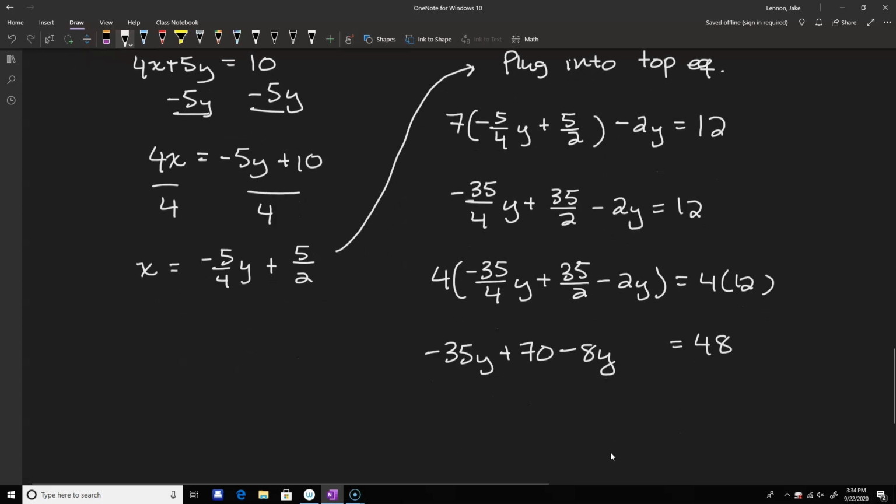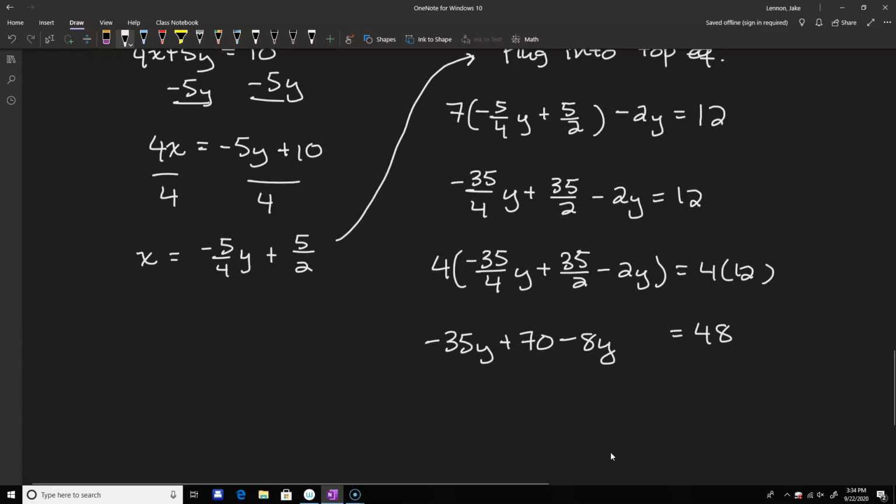So our minus 35y and our minus 8y come out to minus 43y plus 70, and that equals 48. And then we want to subtract 70 from both sides, and we get minus 43y equals minus 22.